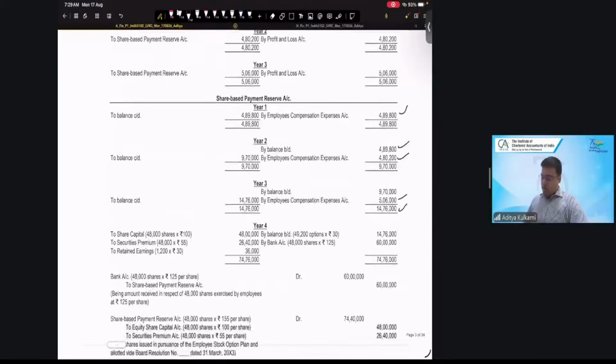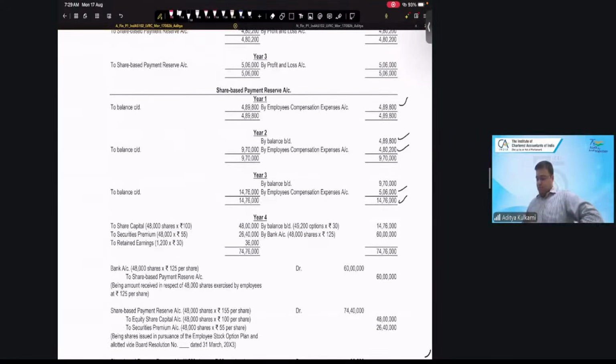So when you talk about exercise, now I have 14,76,000 balance in your SBP reserve, which is basically 49,200 options into 30. So this much is the balance in your SBP reserve. Now 480 employees have exercised the options.